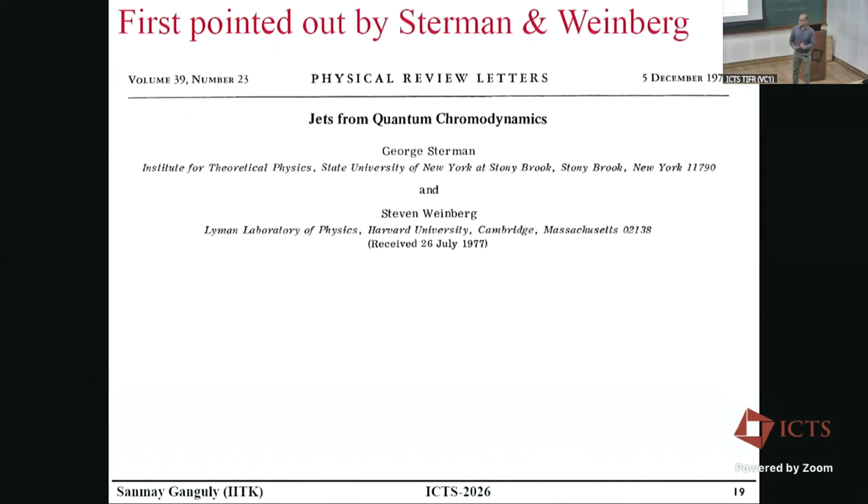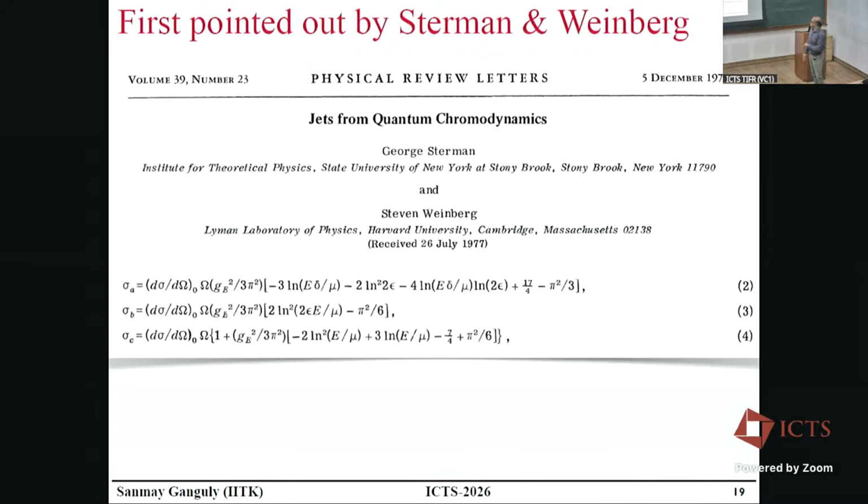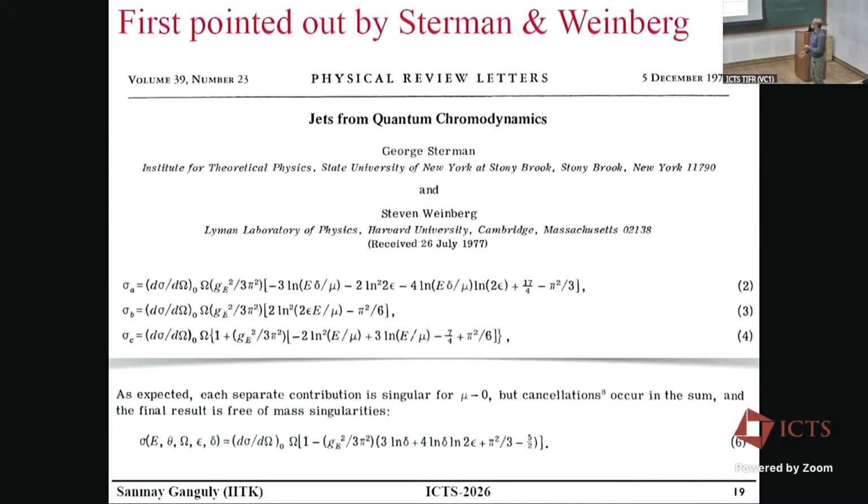So this was first pointed out in a paper in 1977 by Sterman and Weinberg. They actually calculated the Born level cross section of the process, and you can find your favorite dimensional regularization formula for this. The epsilon which is coming in this formula is actually the dim reg epsilon. Yes.